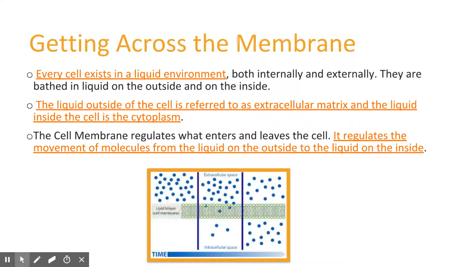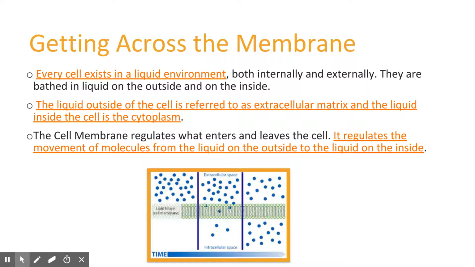It's kind of similar to cytoplasm in that it's a little wet and gooey, but sometimes it has other stuff in it. You don't really need to know that much about it. Just that both inside and outside the cell, we've got water-based liquids. And like we talked about last time, the cell membrane regulates what enters and leaves the cell.